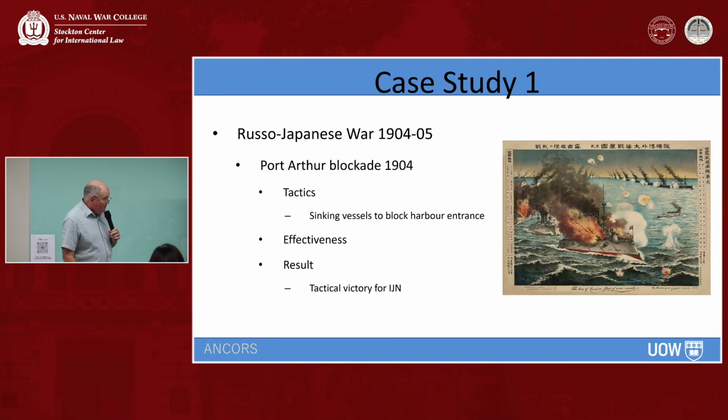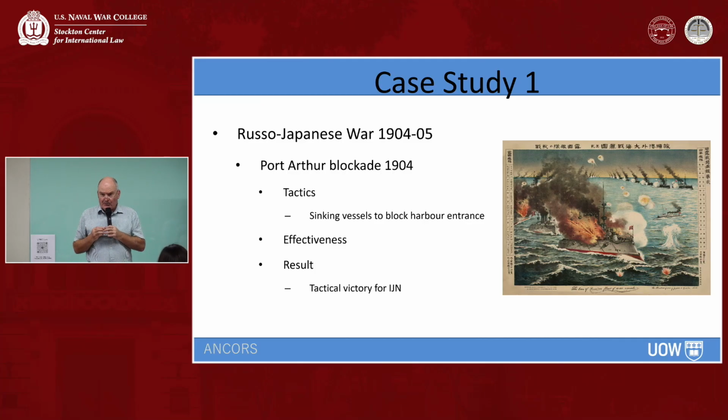So, blockade and understanding the way in which blockade works. Let's look at a couple of examples that try and help with this. Once again, going to the war between Russia and Japan, the blockade that took place of Port Arthur. In this case, the way that the blockade was enforced was to actually make the navigation impossible.